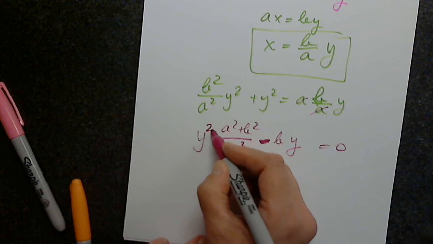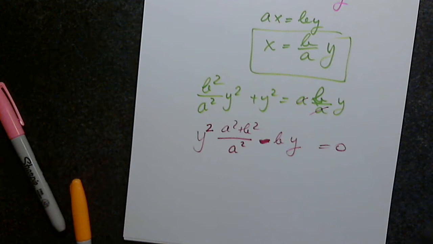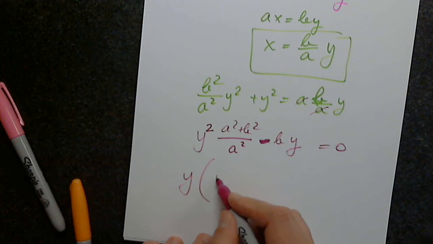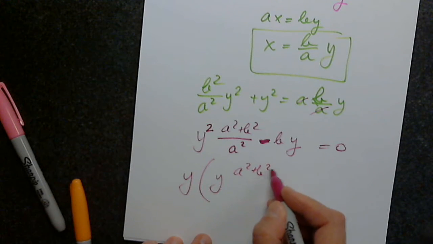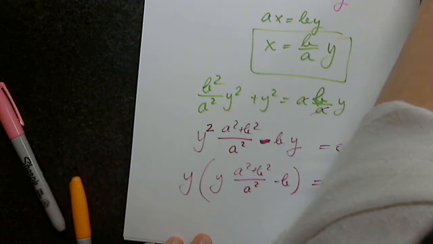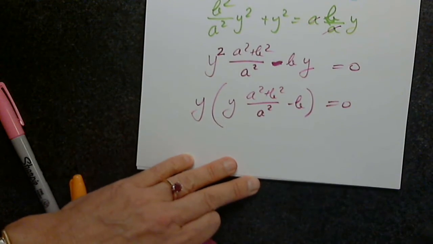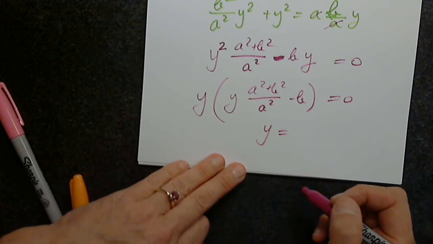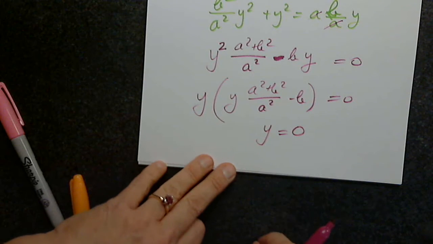Since it's quadratic in y, how many solutions will I get for y? 2 solutions. First, I will factor out a y, and I get y times a squared plus b squared over a squared minus b. And I know my first solution is y equals 0, excellent.